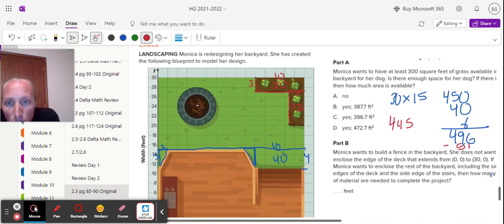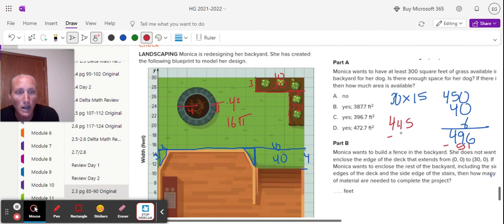The circle is going to be from here out to 4 of that, so it's going to be a radius of 4. So pi times 4 squared, 16 times pi. 16 times pi is going to be about 50.3.